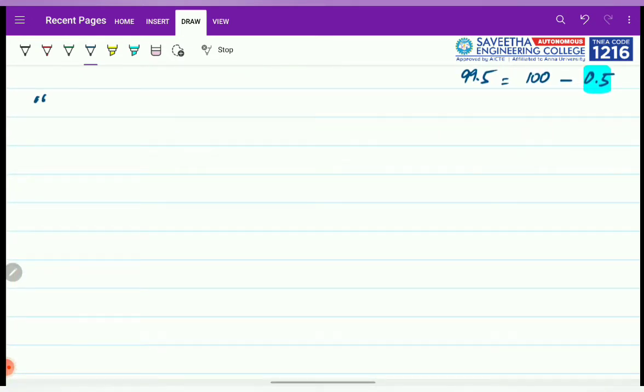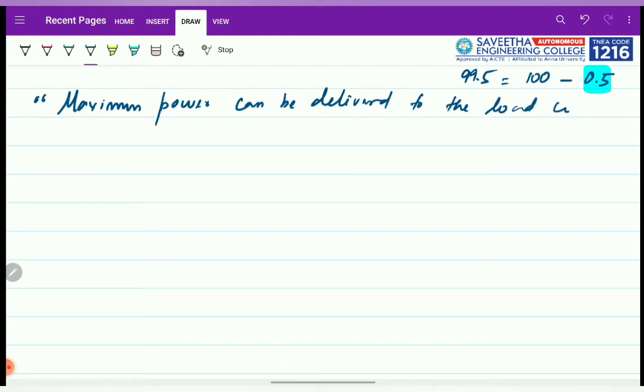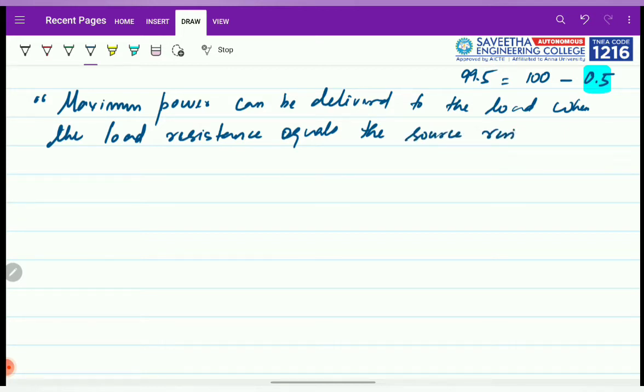The statement states that the maximum power can be delivered to the load when the load resistance equals the source resistance or network resistance. So this is how it is stated.